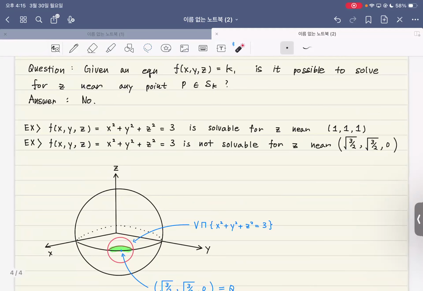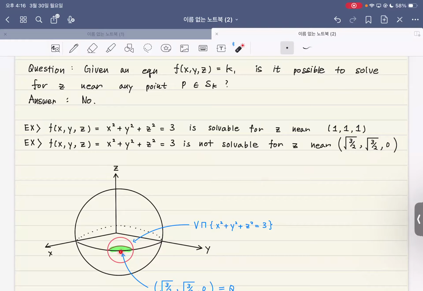Around this point, this equation is solvable for the variable z. But for any point on this equator, so here I have chosen this point, since the z coordinate of this point equals 0, this is a point on the equator.